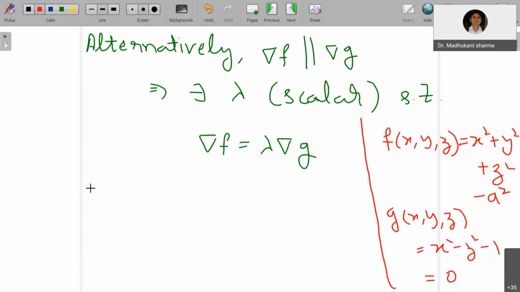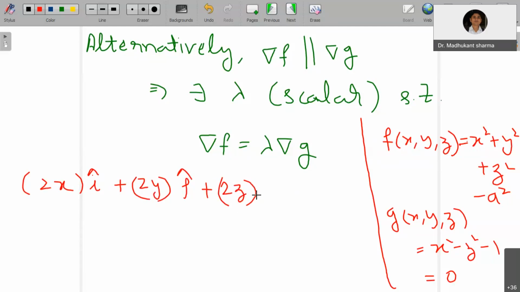So grad f, the i component is the partial derivative of f with respect to x, that is 2x, plus f with respect to y, that's 2y j, plus f with respect to z, that's 2z k component, that should equal lambda times grad g.